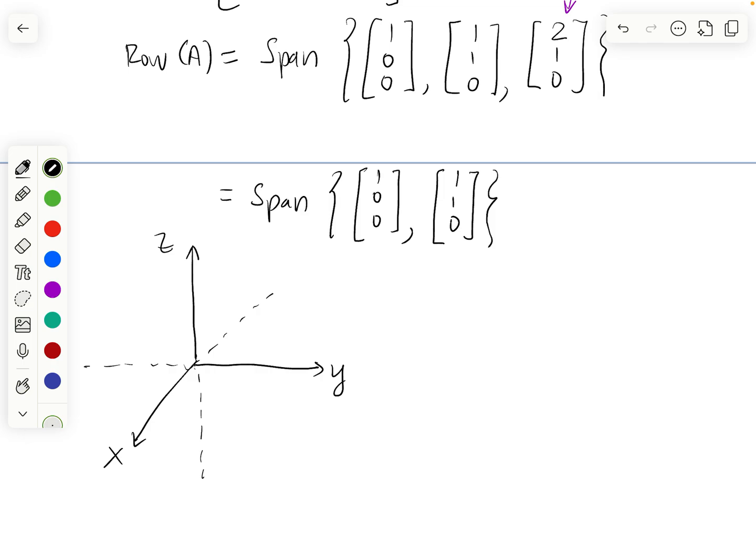Well, there's kind of a clue, which is to look at the third components. They're both 0, right? So the z value of these vectors is 0. So these vectors are on the xy plane. So 1, 0, 0 looks like this. It's here. And then the second vector, 1, 1, 0, is like this.